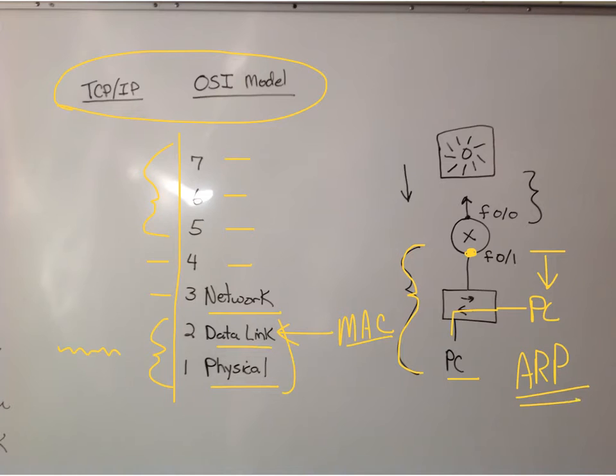The computer would do an ARP to get the MAC address, so the switch then would know which port to send it out of. Now if you're traveling to anything beyond here, that MAC address would be taken off at this level, and then it's re-encapsulated as it moves from the router, and in this case, here to another router.